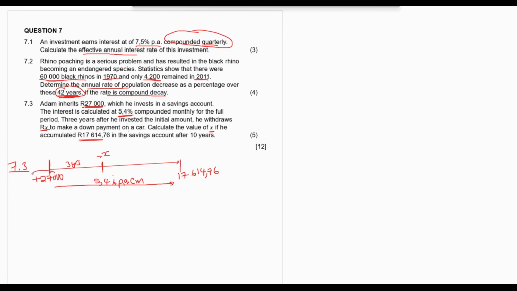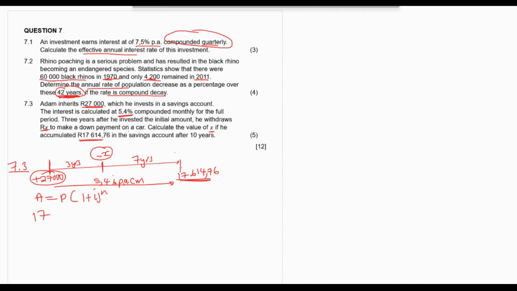Right, I do the 27,000 on its own. It means it's going to be there for how many years? For the 10 years. And then I do this withdrawal on its own. It's going to be there with its interest for 7 years, because from the start to the x is 3 years, then from x to 17,614 rand 76 cents is 7 years, which is a total of 10 years. So now we're going to use this formula: A is equal to P times 1 plus i to the power n.